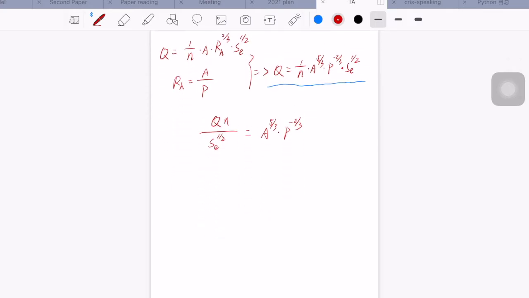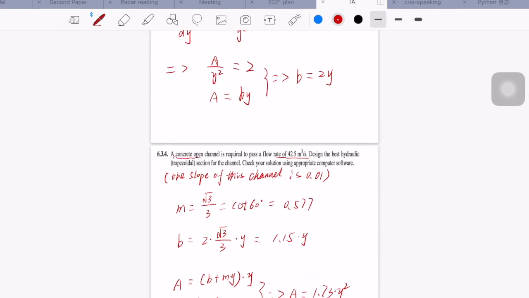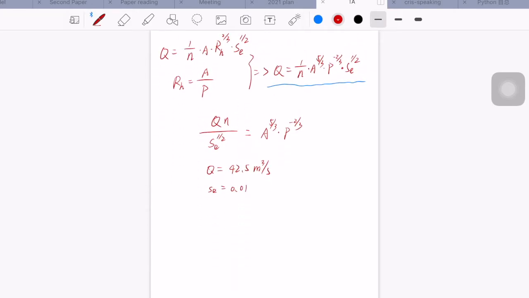And from the problem, we know the Q equals 42.5 cubic meters per second, and the SE we assume is 0.01, and we also know this is a concrete open channel, so from the table 6.2 in the textbook, we know that the N equals 0.013.